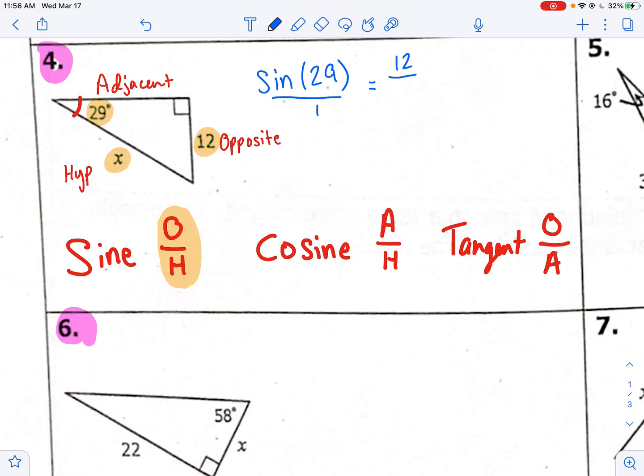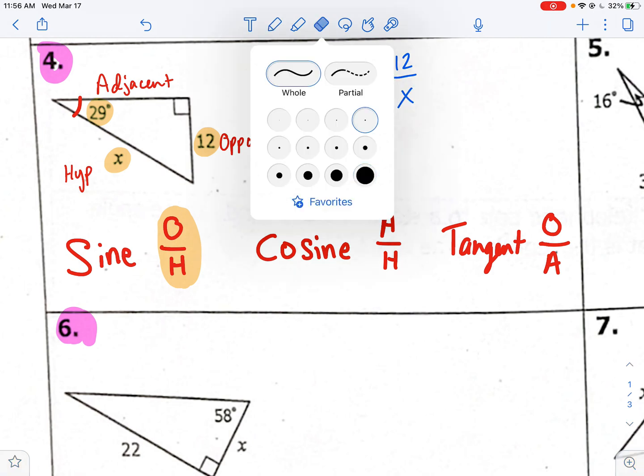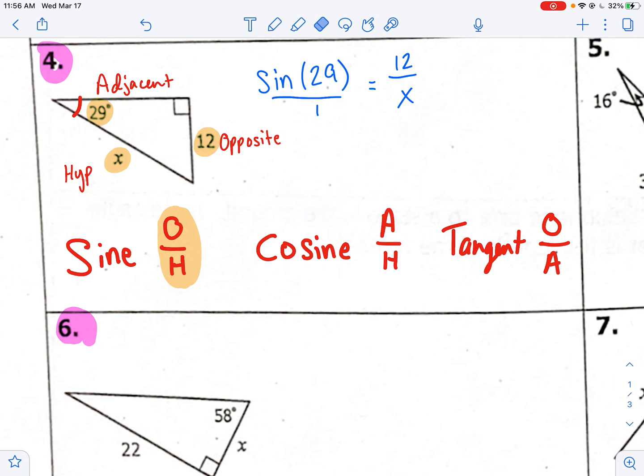So the hypotenuse is x. I typically write these as a proportion: sine of 29 over 1 equals 12 over x, because it's a little bit easier for some students to see how you could solve this. If there's no denominator on that side, it's still doable, but a little more difficult.